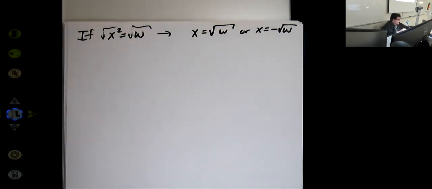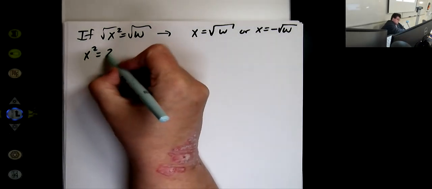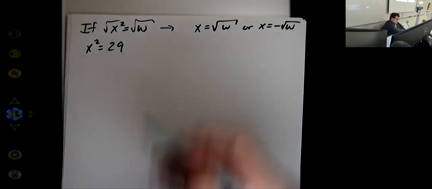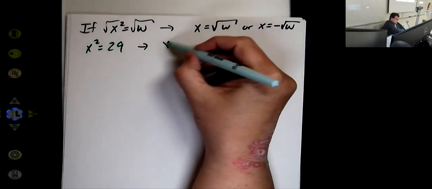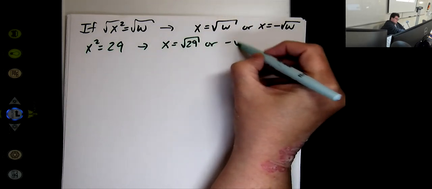Well, let's just look at some examples. I have x squared equals 29. This just turns into x equals the square root of 29 or negative square root of 29.